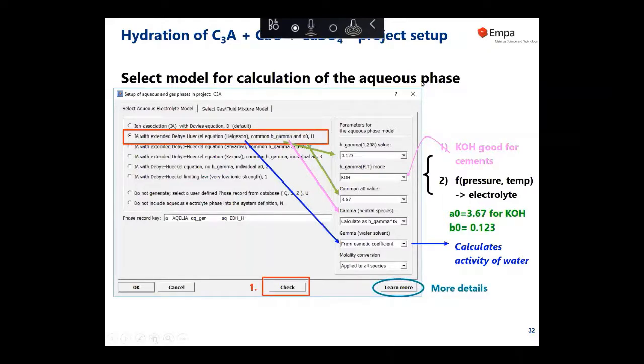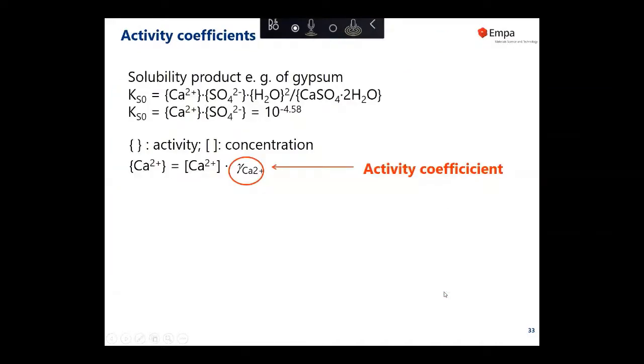If you want to learn more, you can learn more details on it, or else you just press check and OK. And maybe before we do that, I also want to explain a bit why we need activity coefficients. If we look at thermodynamic data, for instance a solubility product, you see we use this funny parenthesis.